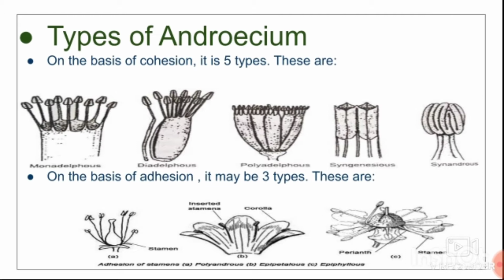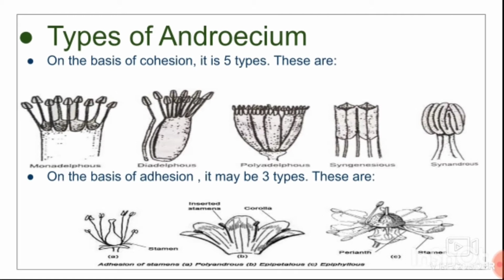Polydelphous, where the filaments are united in more than two bundles and anthers remain free. Example, Bombax ceiba in Bombacaceae. Syngenesious, where the anthers are united into a bundle but filaments remain free.